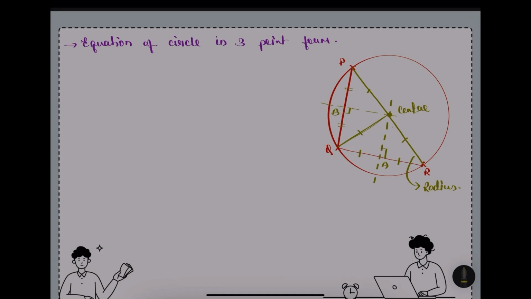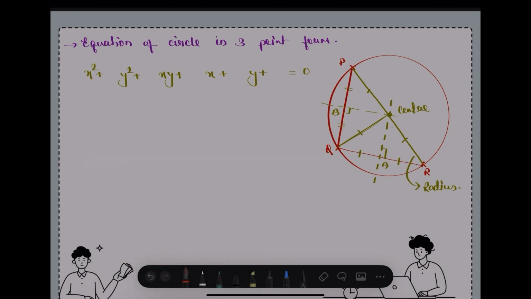Now look at the second approach. How will we solve the question according to the second approach? Do you remember the equation of a circle, when a 2-degree curve represents the equation of a circle? The 2-degree curve looks like x square plus y square plus xy plus x plus y plus a constant equals 0.